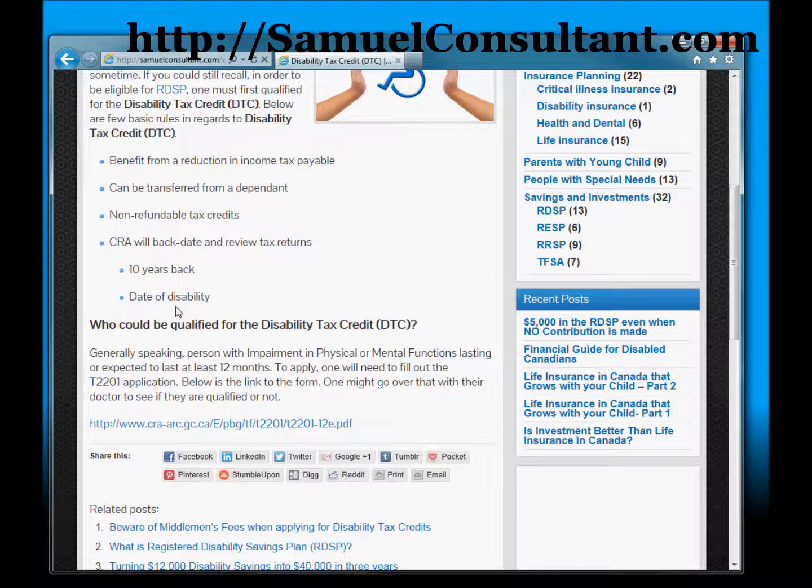So for example, suppose you were disabled 20 years ago, then the most you could backdate to is 10 years. But suppose you were just disabled for the last 2 years, then you couldn't go back for 10 years. The most you could go back is 2 years.